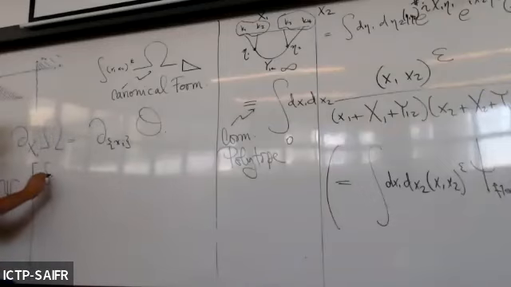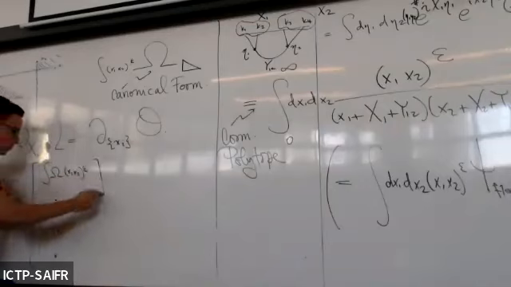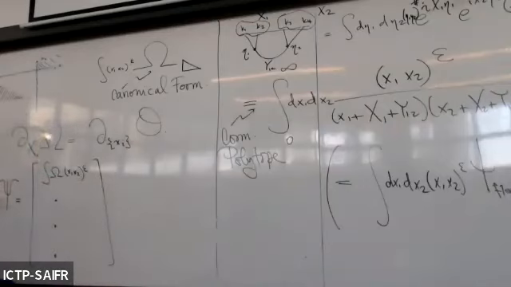Let's take integral over omega x1, x2 to the epsilon, and then 3 others. Okay, I'm going to tell you in a second which 3 others.